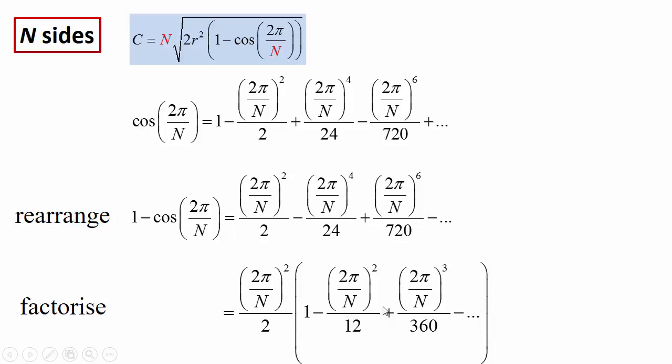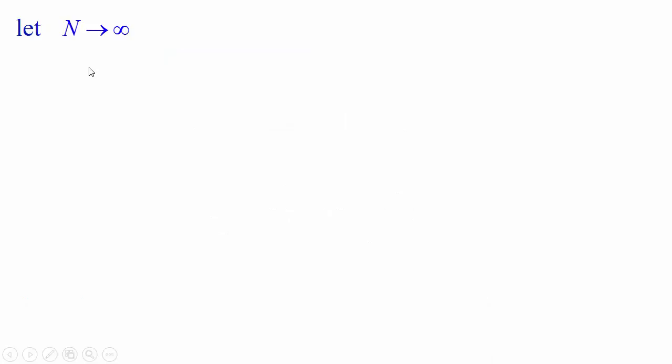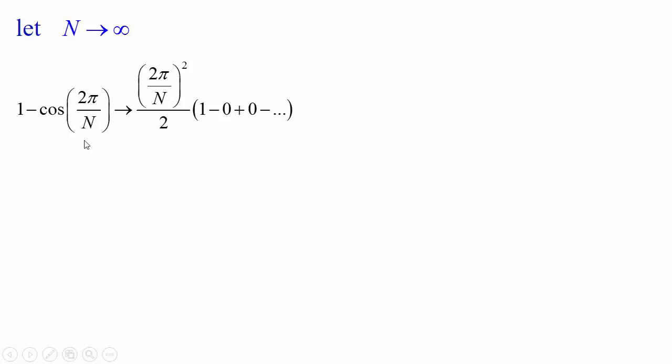They are negligible. And to show that, we say let n approach infinity. So that means each of those terms that we had in the previous screen becomes 0. And this is our expression for 1 minus cos 2 pi over n. And that simplifies to what we can see here.